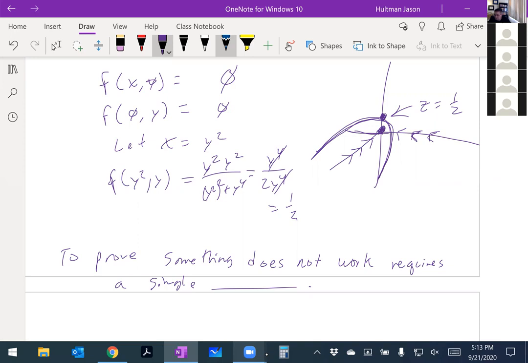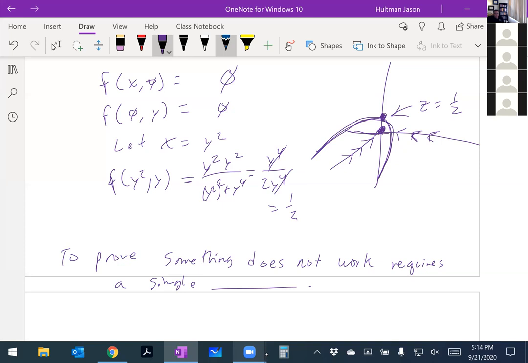Professor, is it proof? Nope, it's not a proof. That's the other side of the coin. To prove something doesn't work requires a single what? A justification, maybe? A single piece of evidence, maybe?